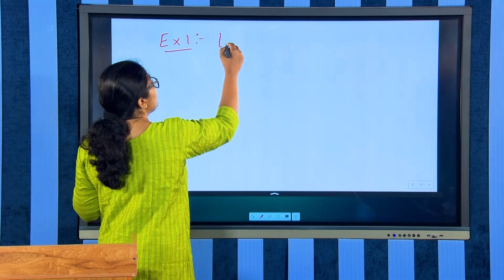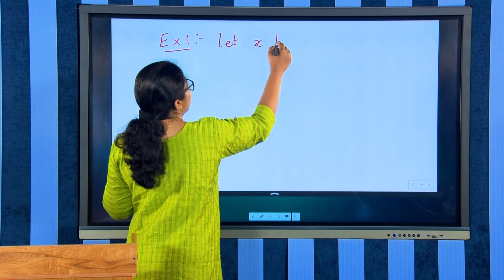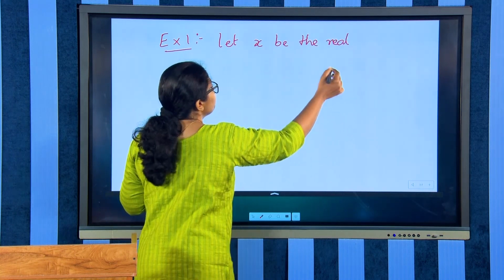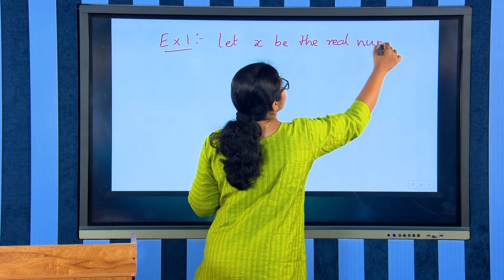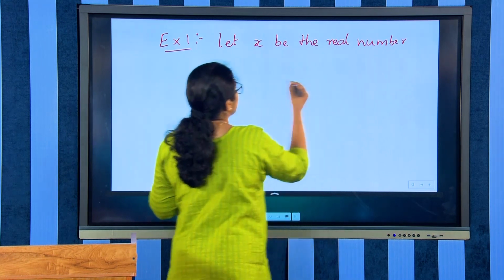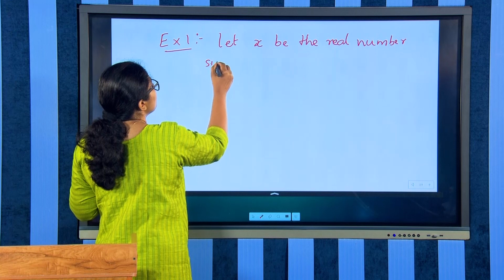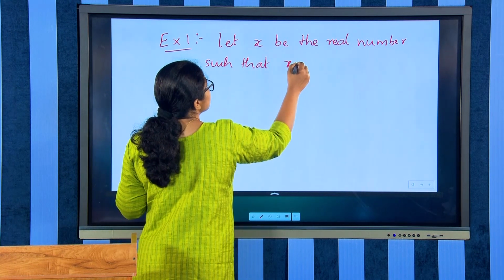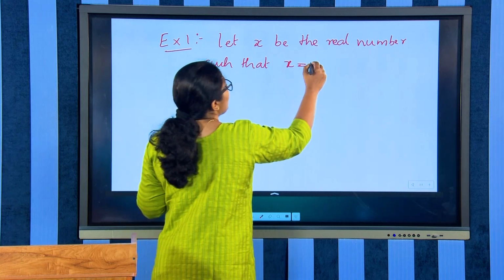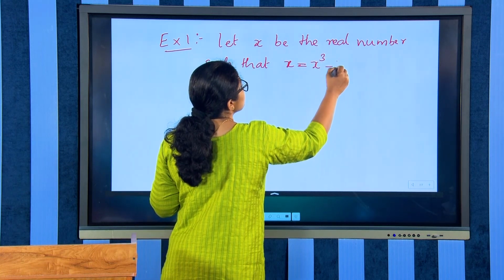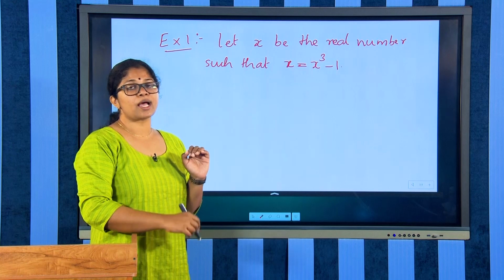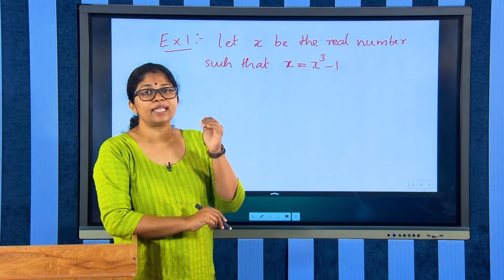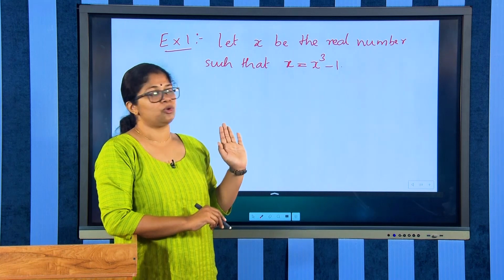So, let x be the real number such that x is equal to x cube minus 1, because we are asked whether there exists a real number which is exactly 1 less than its cube.